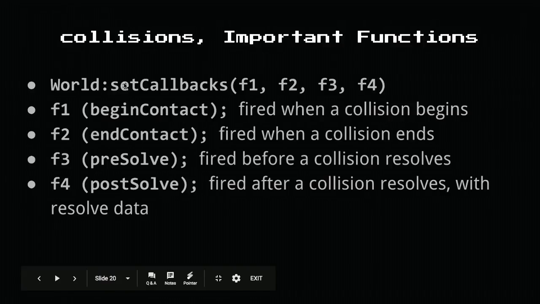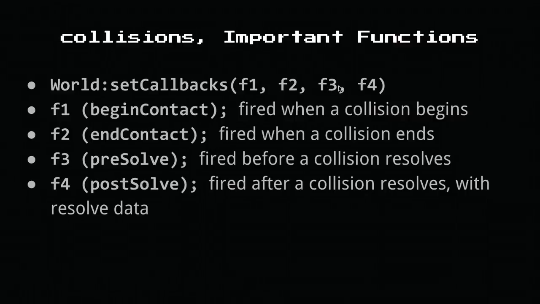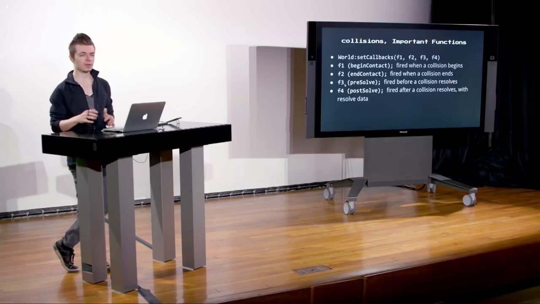You do this via a function called world set callbacks, in this case F1, F2, F3, F4. And recall, because Lua is a dynamic language where functions are first-class objects, you can pass in functions as arguments to other functions. And that's what we're doing here. So this is assuming that we have 4 functions we've defined called begin contact, end contact, pre-solve, and post-solve. Their actual names don't matter at all.